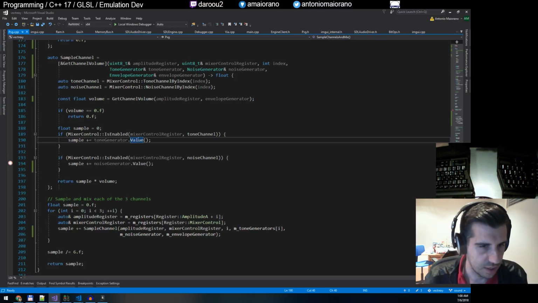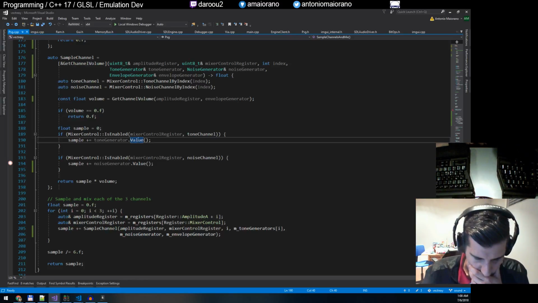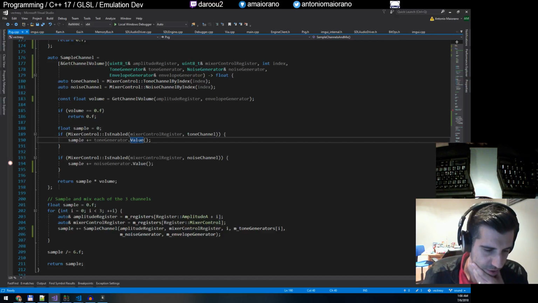That's interesting. But, or more like both have to be on for it to be 1. Does that make sense? That's it. Both have to be on for it to be 1.